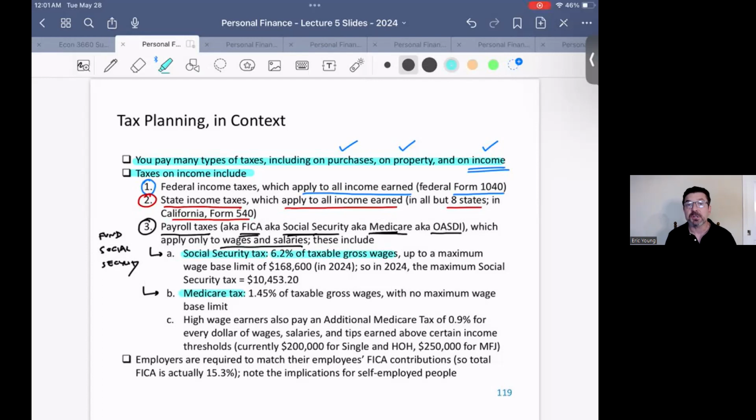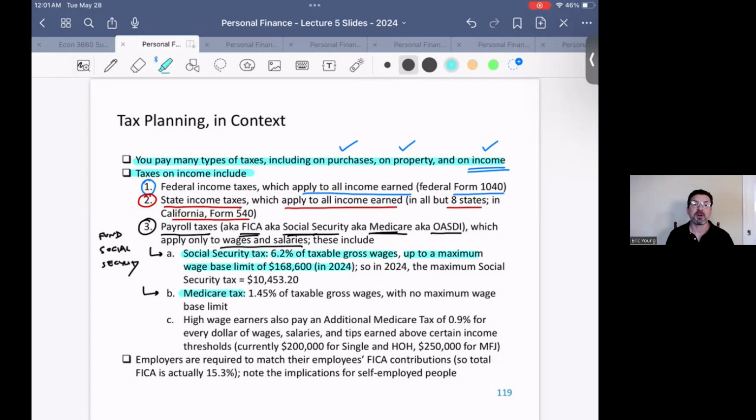Now, another subtlety of the Social Security tax is that it is 6.2%, but there is a maximum upper threshold. Basically, the Social Security tax is 6.2% of your gross wages, but only up to a maximum of $168,600. What does this mean? Well, if you make $100,000, then your entire $100,000 salary is hit with the 6.2% SS tax.